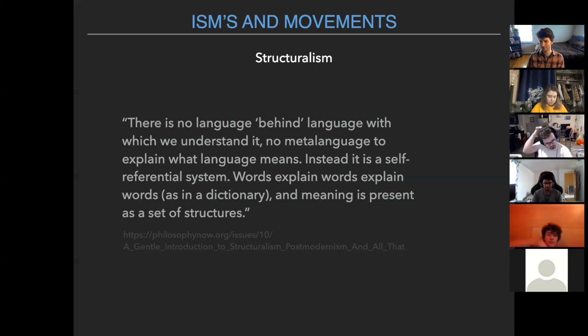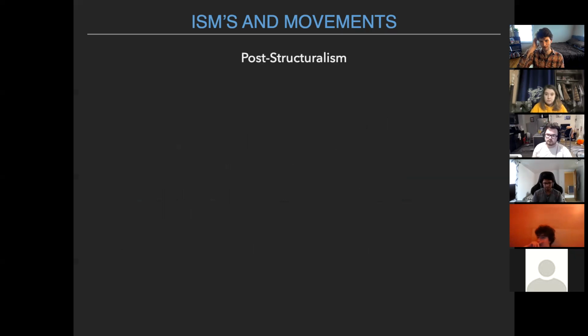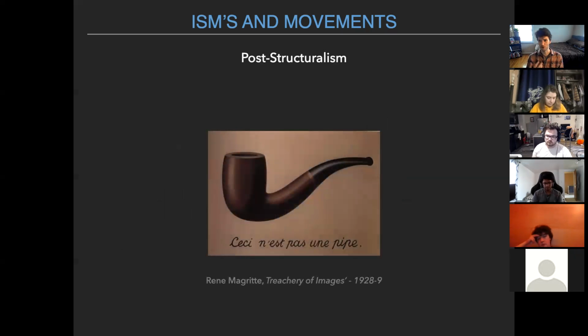Then stemming from that, there's also post-structuralism, which is a group that strived to undermine structuralism in the sense of challenging those preconceptions, right? Just because a group got together and said, oh, hey, everything here is what we say it is, doesn't really sit well with some people, right?